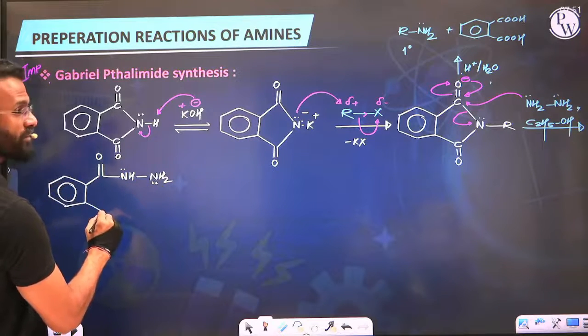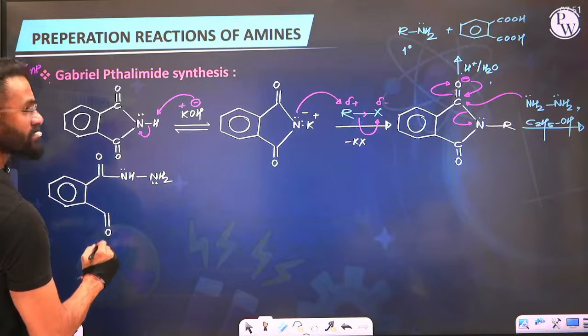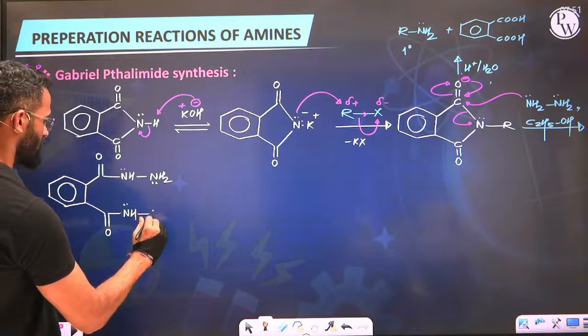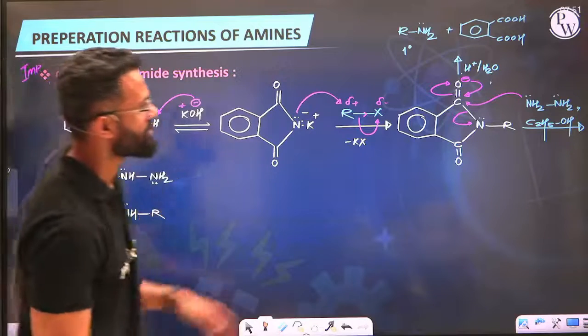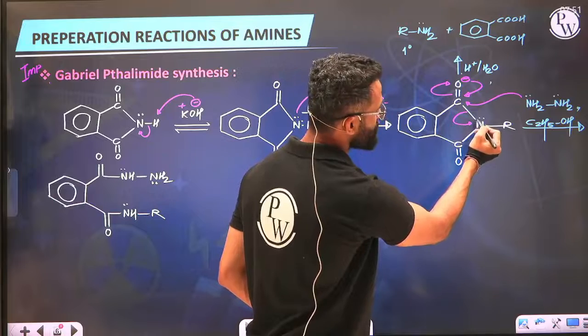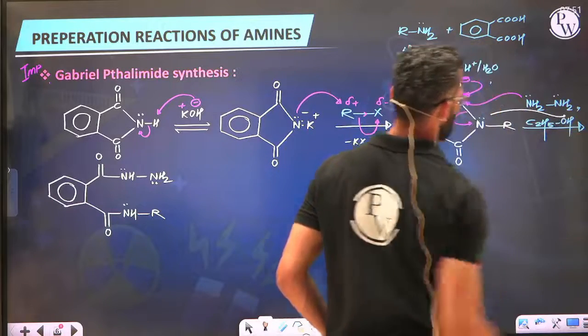And down here, we now have C double bond O, NH carrying R. See, this bond pair came back on N, which made it N minus, which accepted H plus from the solvent, let's say from alcoholic OH.